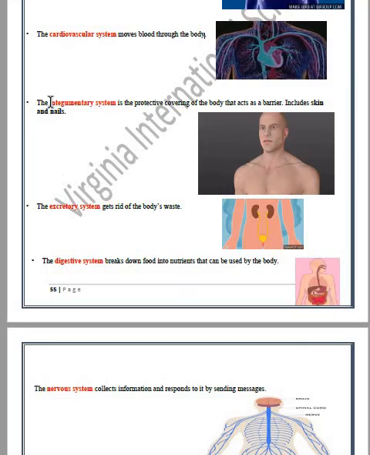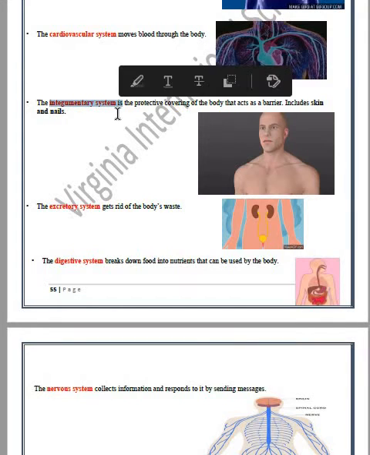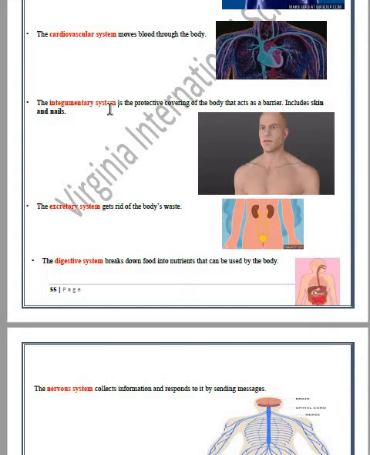And we have the integumentary system. What's the integumentary system? It's a very simple system. It's about the skin and the nails. So what's the function of the skin? Of course, the function of the skin is protection. The skin is used to protect or cover the body, and it acts as a barrier.